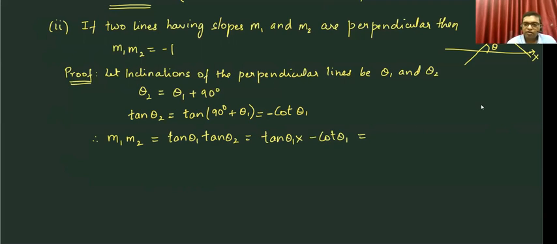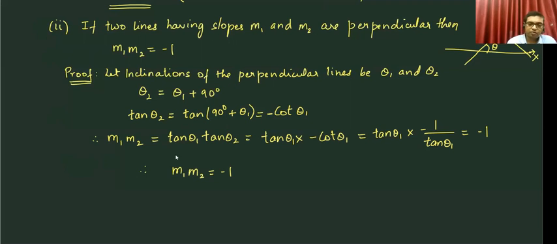And cot is the reciprocal of tan. Therefore, you get m1 m2 equal to -1.